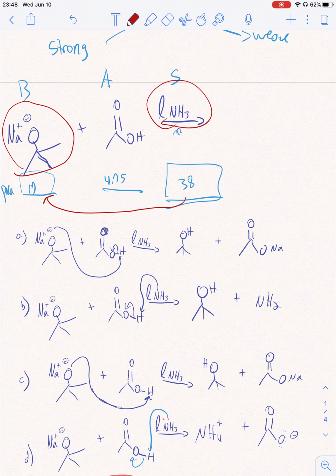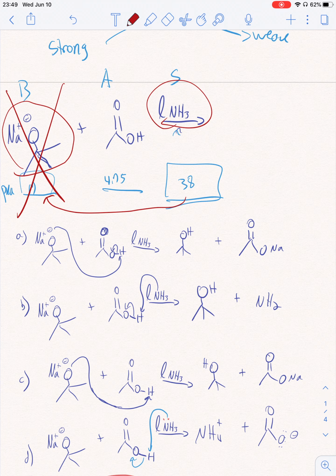So if our solvent is more basic than our base, or if our solvent is more acidic than our acid, it will replace whichever one it's better than. In this case, liquid ammonia has a higher pKa than sodium tert butoxide. So in our reaction, it's going to replace sodium tert butoxide.